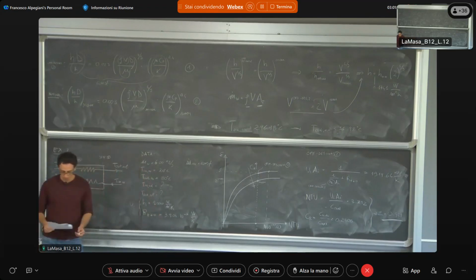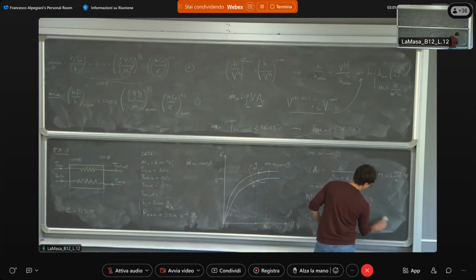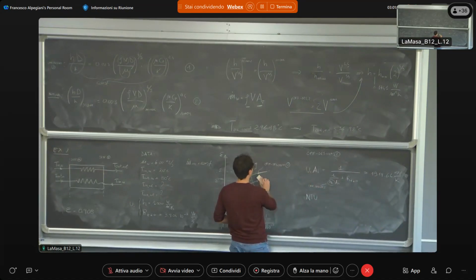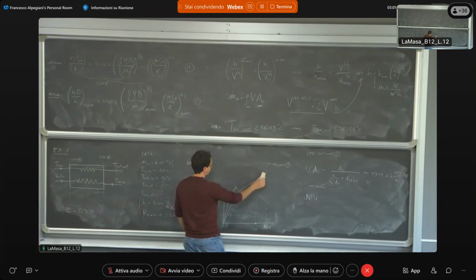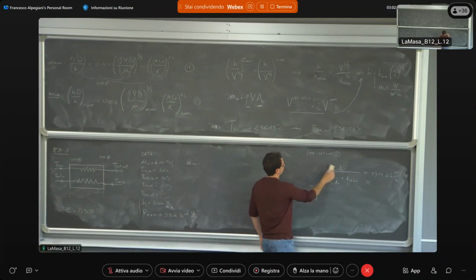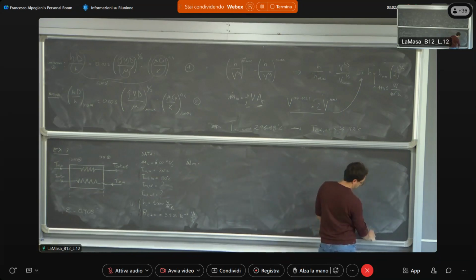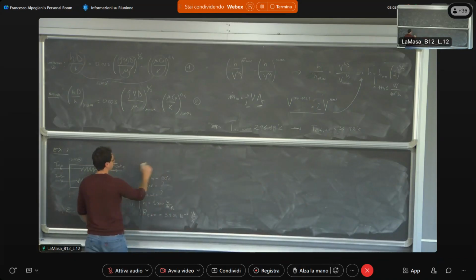Okay, so the last exercise is related essentially to a reactor, in particular a water gas shift reactor, in which at the inlet we have a certain molar flow rate of a gas composed by CO, so carbon monoxide, and steam.